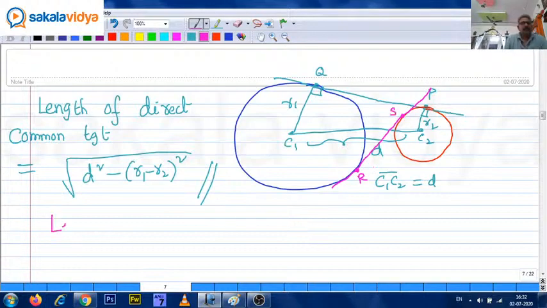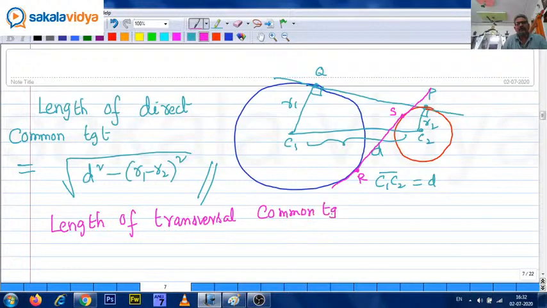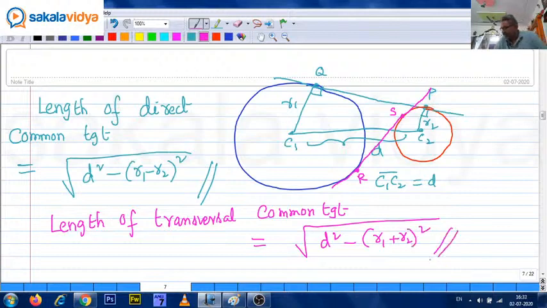So the length of the transversal common tangent is given by the same, root of D square minus (R1 plus R2) whole square. That means with the help of these two formulae, we can find out the length of the direct common tangent and the length of the transversal common tangent. These two formulae are very, very important.